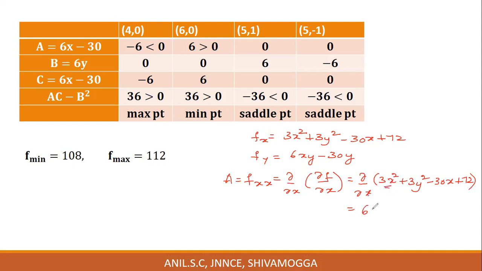Derivative of 3x square is 6x. Derivative of 3y square is 0. Derivative of minus 30x is minus 30. And derivative of 72 is 0. 72 is a constant. Its derivative must be 0. That's what I have done. 6x minus 30, that is a. Now we find b.